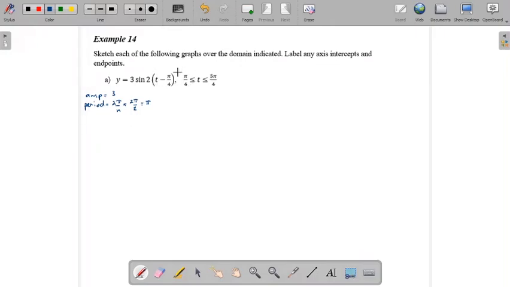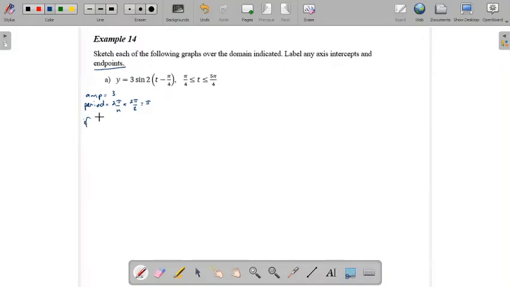Now, because we've got a little bit different domain, it's worthwhile working out what our starting and finishing points will be. So we're going to let our t value equal pi on 4 so that we can determine what our y value is, because this is going to help us determine our endpoints. So what's our corresponding y value?